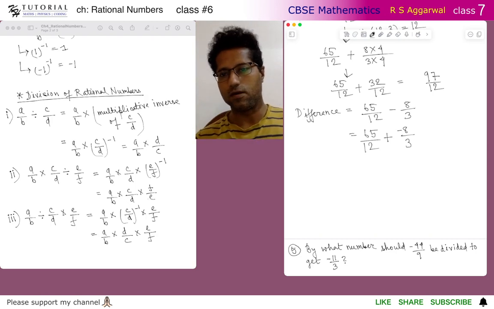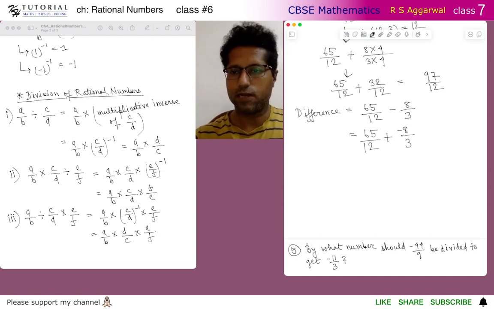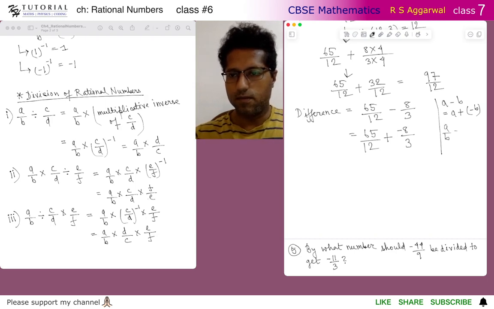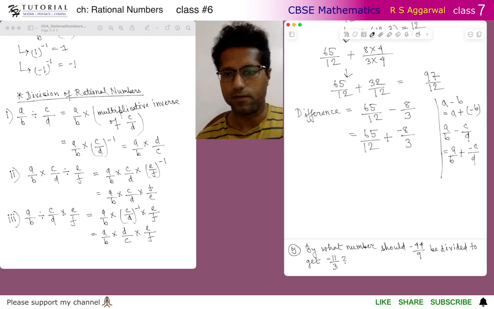So we are subtracting the rational number 8 by 3 from 65 by 12, and we know from the subtraction of rational numbers, which we have studied in the previous class, that for any two numbers, a minus b is equal to a plus the additive inverse of b, that is minus b, and for rational numbers, a by b minus c by d equals a by b plus the additive inverse of c by d, that is minus c by d. So this concept we are applying here.